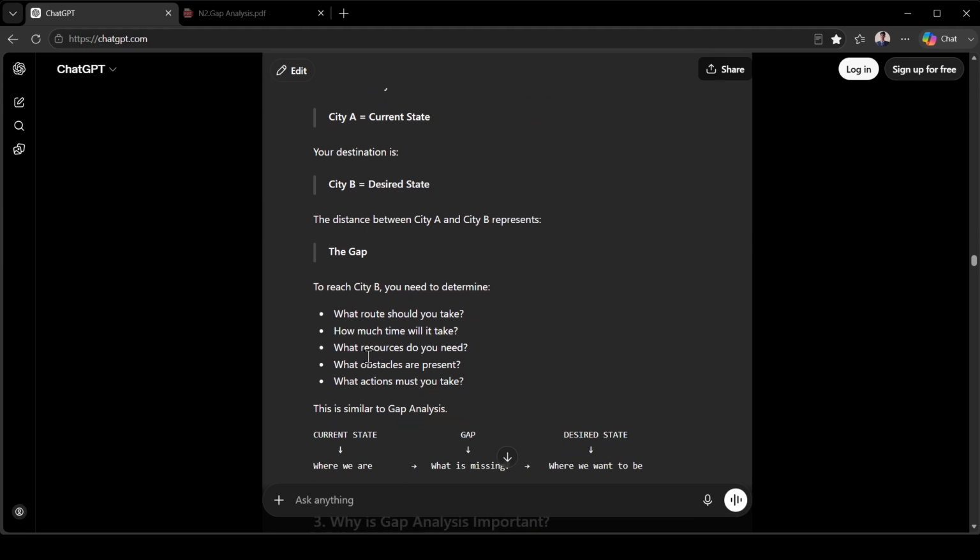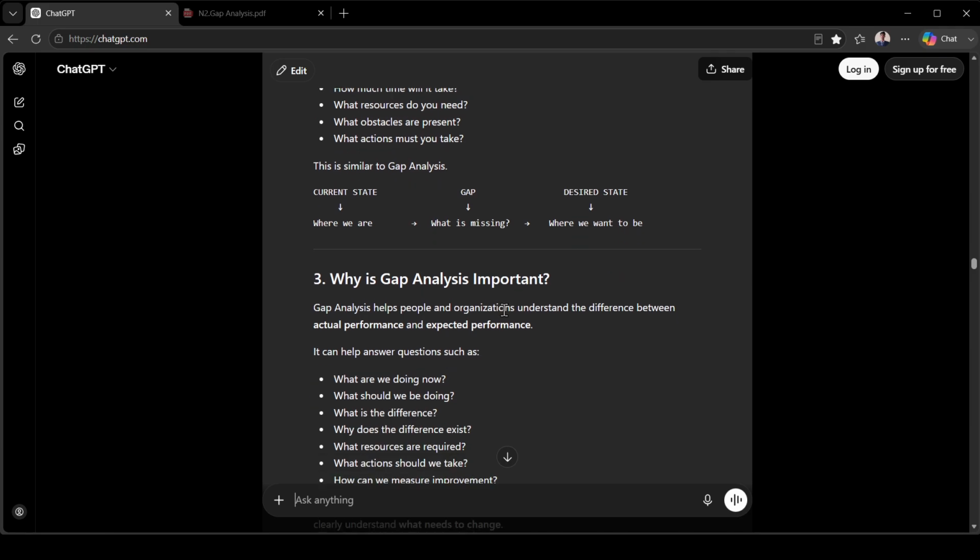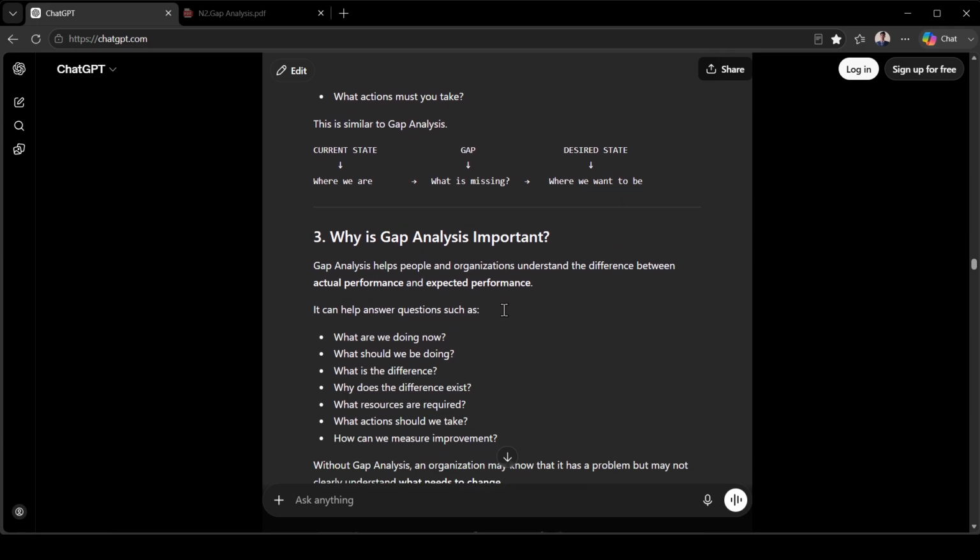To reach city B, you need to determine what road you should take, how much time it will take, what resources you need, what obstacles are present, and what action you must take. This is similar to gap analysis. Current state and desired state, and the middle section is the gap. Where you are, what is missing, and where you want to be.